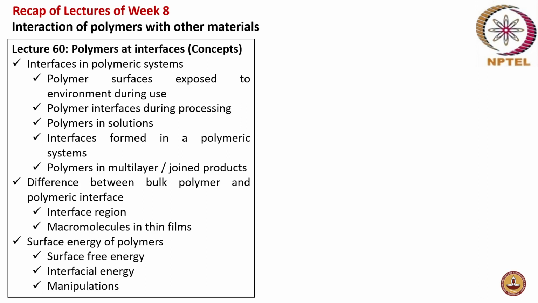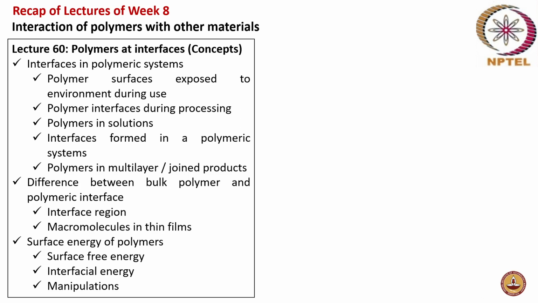There the property will be different compared to an amorphous domain and a crystalline domain. Also in polymer blends you have two polymers, polymer A and polymer B, with a polymer A domain and a polymer B domain. There will be an interface of A and B, with a difference in property at that particular interface also.